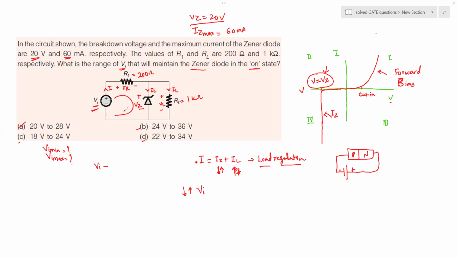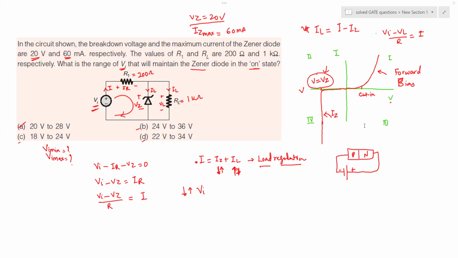So we are basically applying KVL, Kirchhoff's voltage law. VI minus IR minus VZ is equal to 0. So VI minus VZ equals IR, and VI minus VZ divided by R will be equal to I. We have to understand how the voltage across the load will be maintained if there are variations in the input.